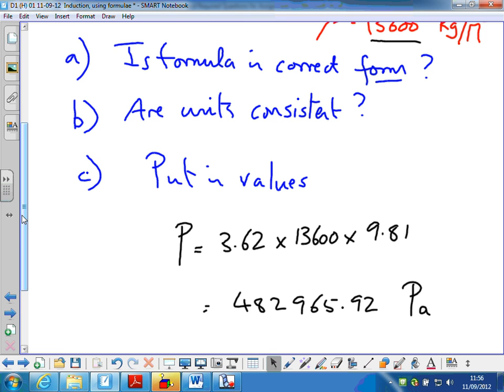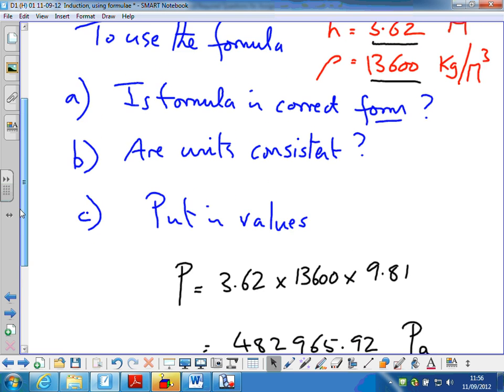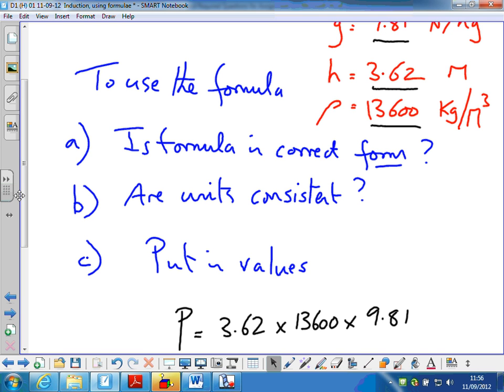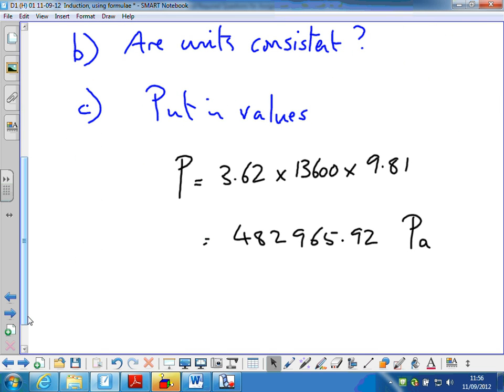Look at the numbers I put in, and then look at the answer. If I had to set up a meter or some sort of device for that pressure, that means I'm going to try and enter a pressure of 482,965.92 pascals.